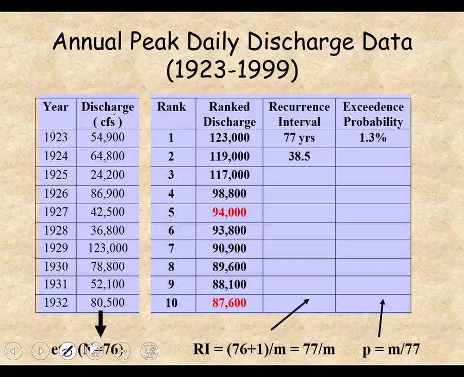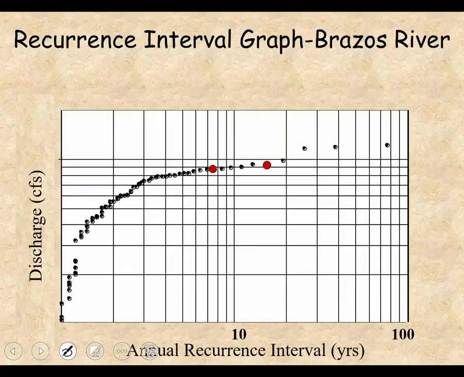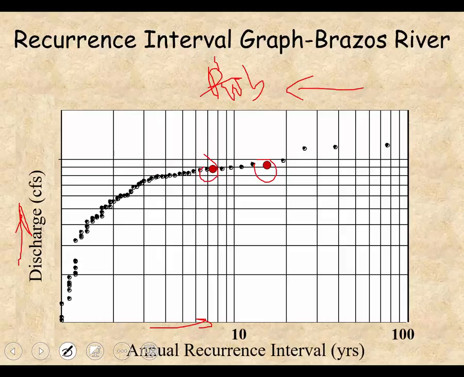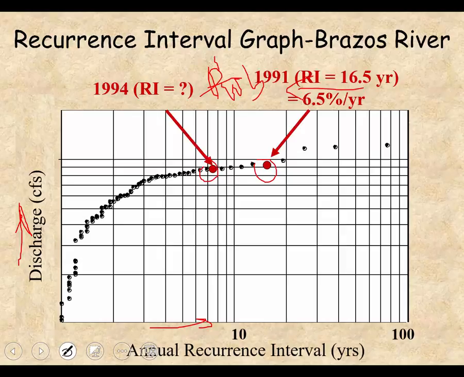Okay. Now, when you plot that, oh, by the way, these reds are the floods of interest, 5th and 10th largest. So we got quite a few. And so when we plot the discharge versus recurrence interval, and this, by the way, is actually we could do probability over here, decreasing in that direction. We see that there's a 6.5% chance of the biggest flood here occurring in any one year.